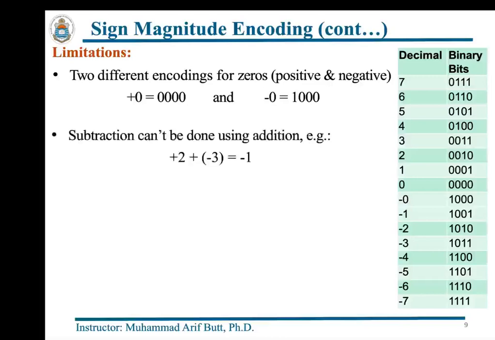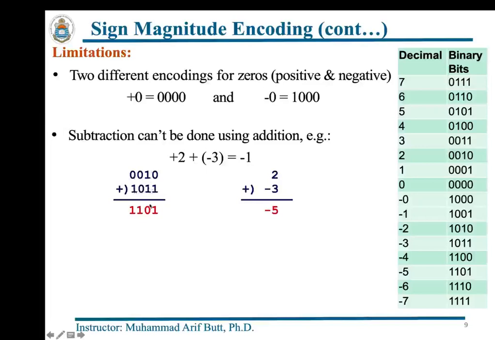The second limitation is we cannot do subtraction by simple addition. By that I mean, if I add +2 with -3, we should get -1. But if I represent +2 in binary sign magnitude like this, 0 means positive, 0, 1, 0 means 2, and -3 in binary, minus means 1 and 3 means this.